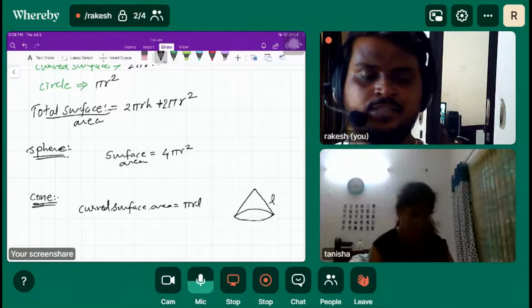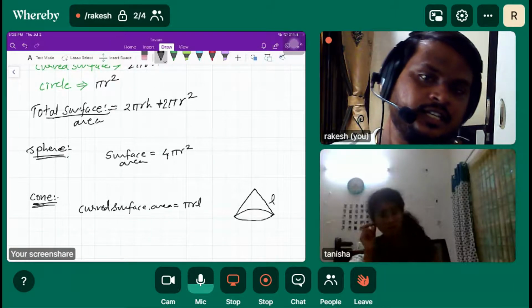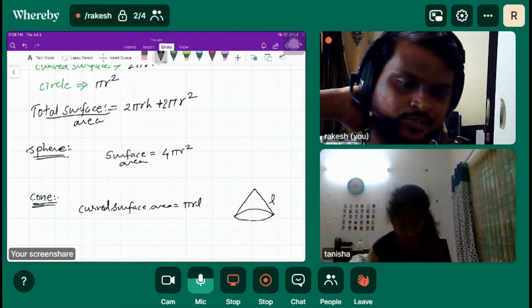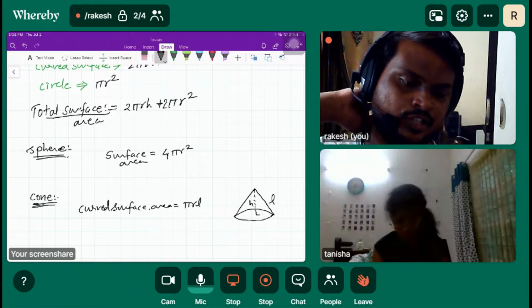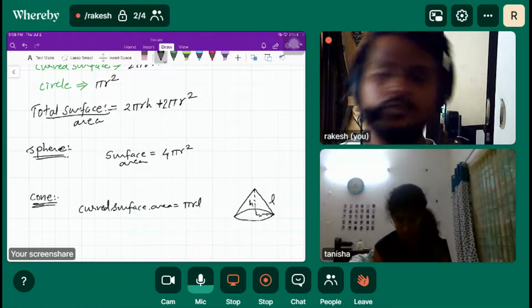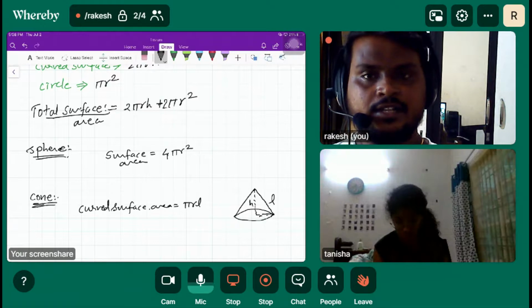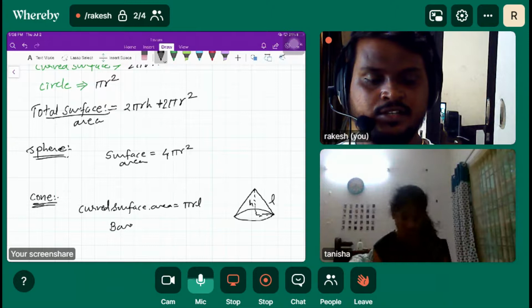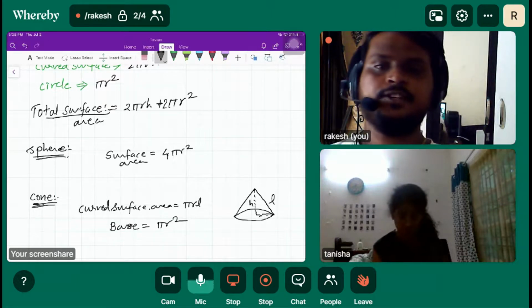What is l? l is basically the slant height, or slant length. Height is a little confusing because we normally denote this as height, so you can say slant length. So the curved surface area is pi r l, and you know the base is basically a circle, so obviously the area would be pi r square.